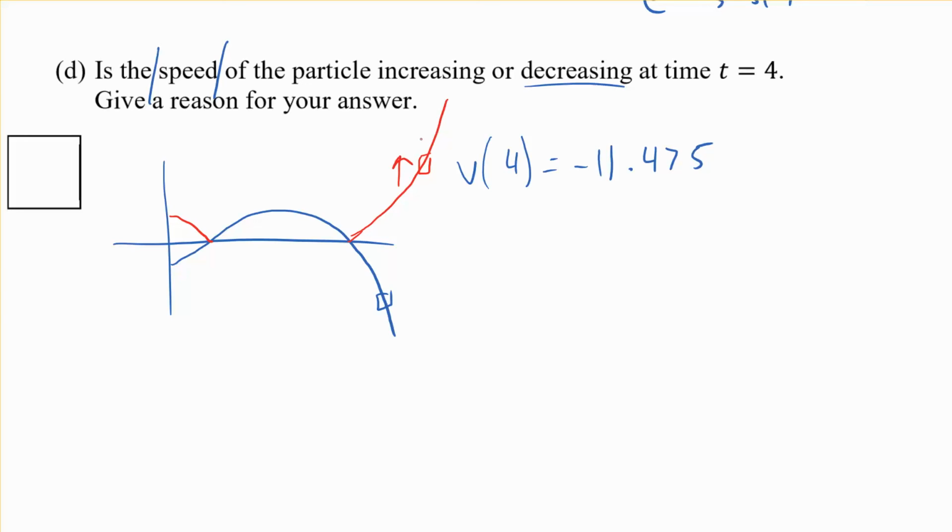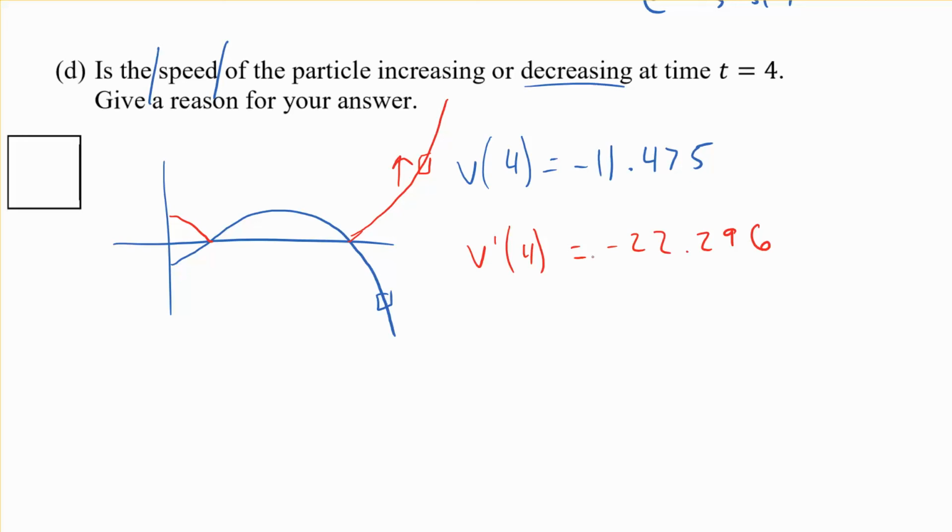So a couple of things you can write here. The thing to consider if you don't have a graph is, what is the derivative of speed doing at that time? And you could plug that in your calculator. You can just calculate the derivative of that function at 4, and you get negative 22.296.